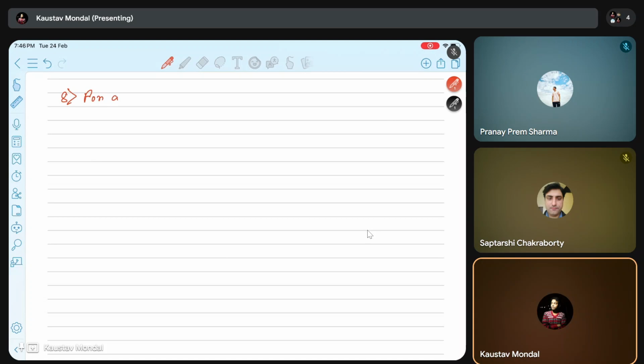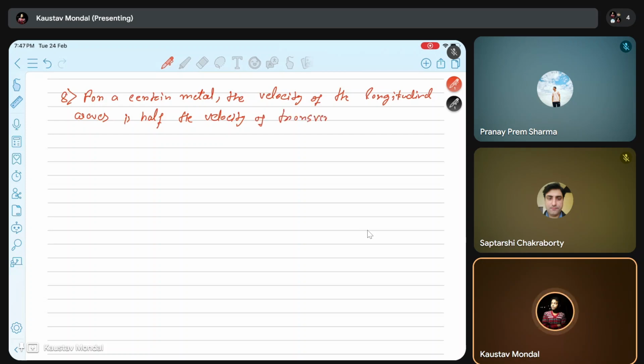For a certain metal, the velocity of the longitudinal waves is half the velocity of the transverse wave.